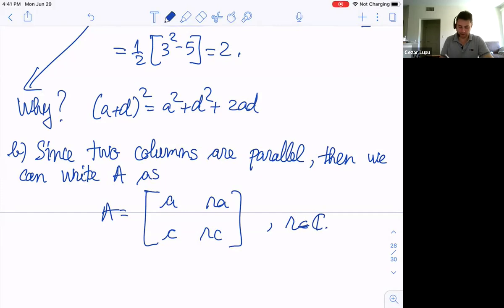And then we know that the trace of A, which is 5 in this case, is equal to the sum of the main diagonal. So it's a plus rc.